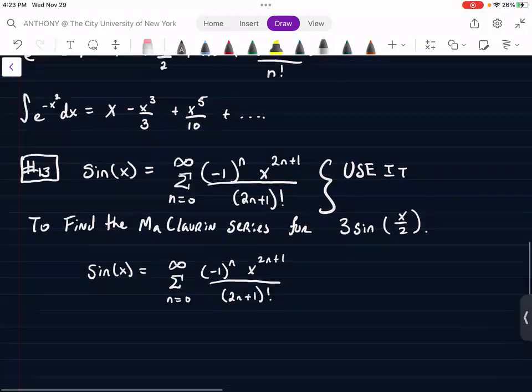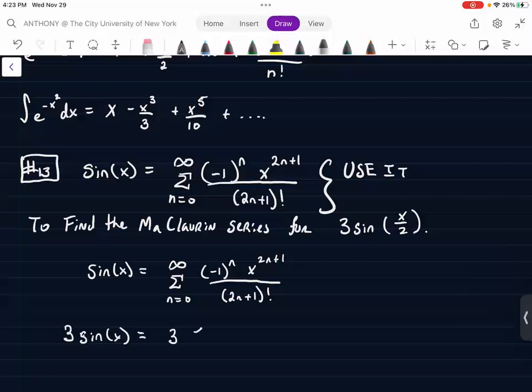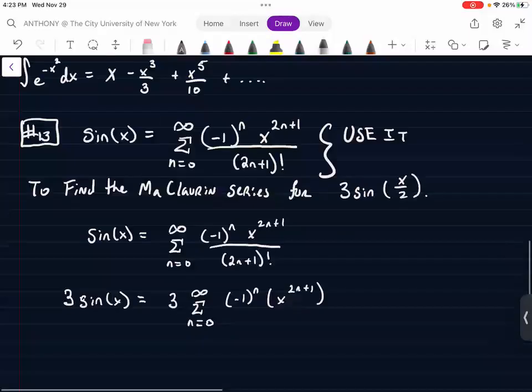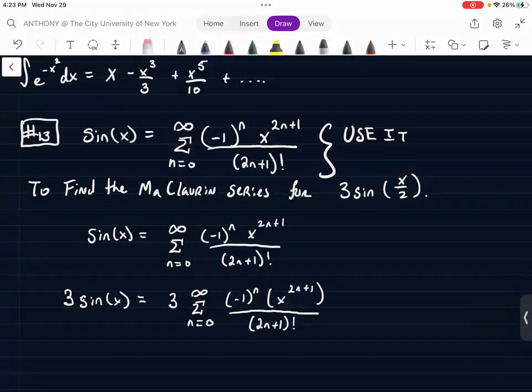So first you multiply 3 on both sides. So you get 3 times sine of x equals 3 times the sum of n equals 0 of -1 to the n times x to the power of 2n plus 1, and all of that gets divided by 2n plus 1 factorial. Now, wherever you see an x, you got to cut x in half.